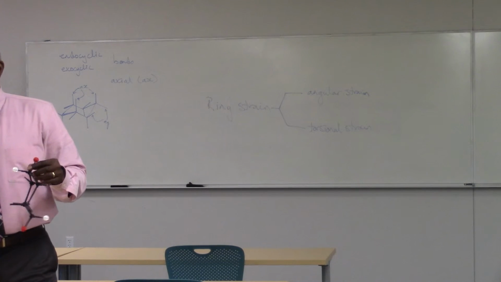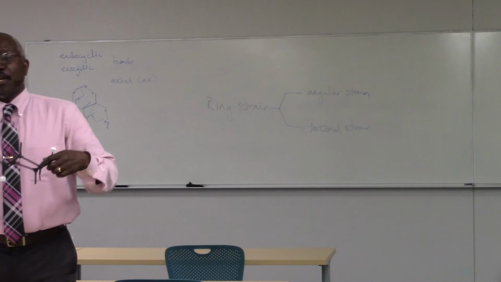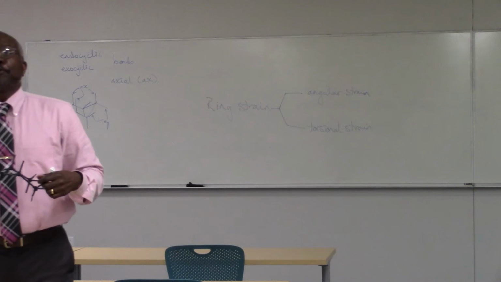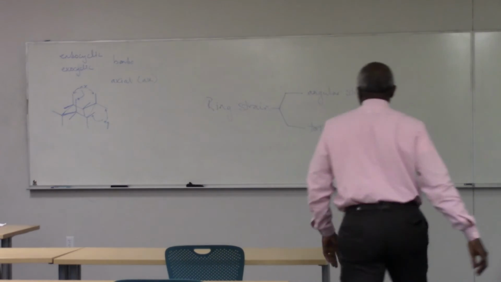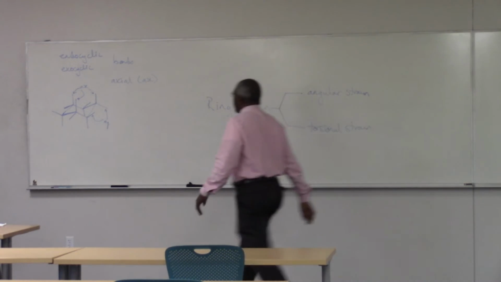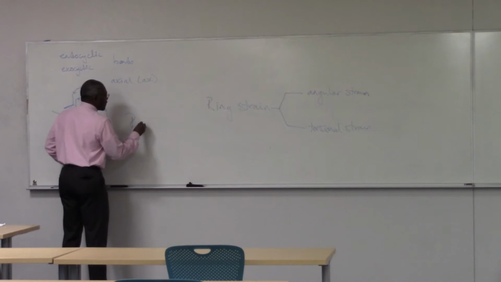So this process in which I'm doing a rotation from a chair to a chair is referred to as a ring flip. When I rotate to go from chair to chair, it's called a ring flip.